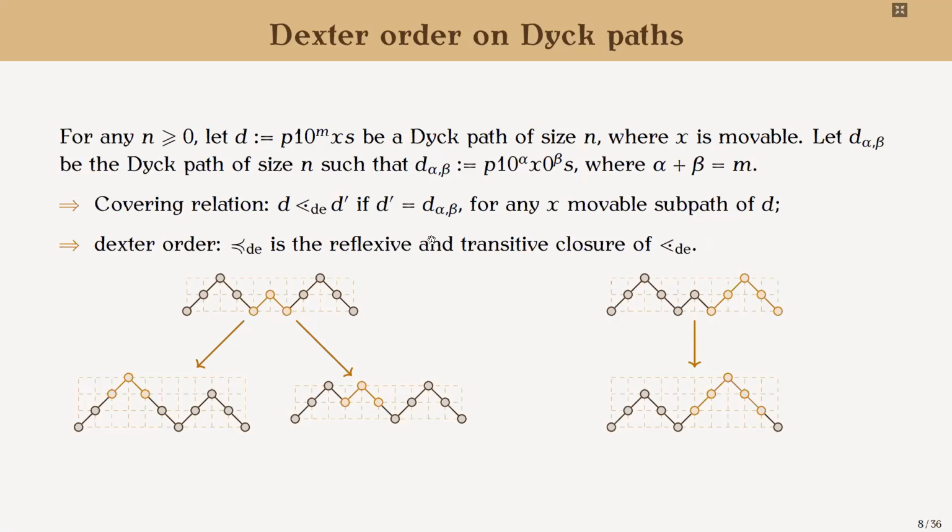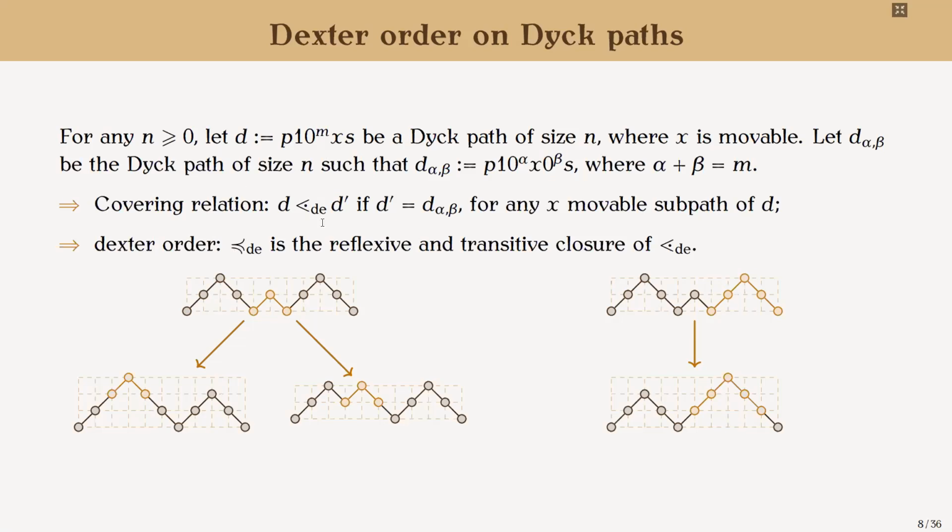And when we have a movable subpath, we can describe the covering relation of the Dexter order. So to define the Dexter order, it's easier to define the covering relation of this order, and finally to define the Dexter order as the reflexive and transitive closure of the covering relation that we denote with a point here.